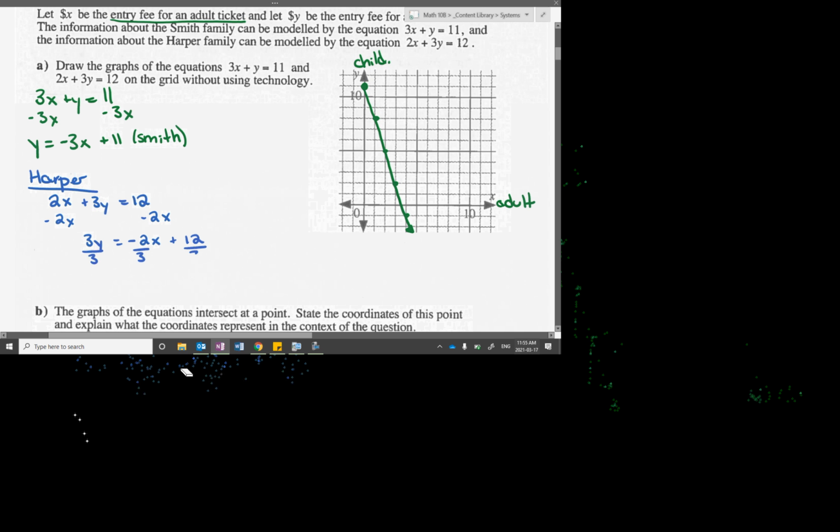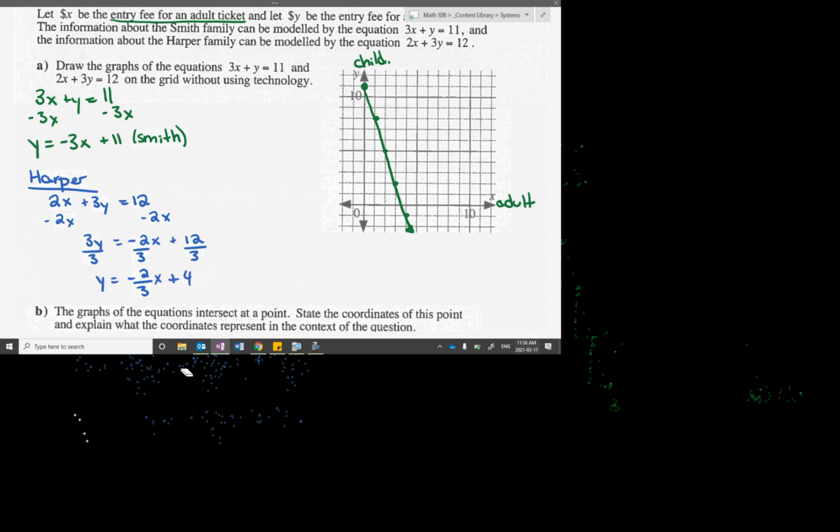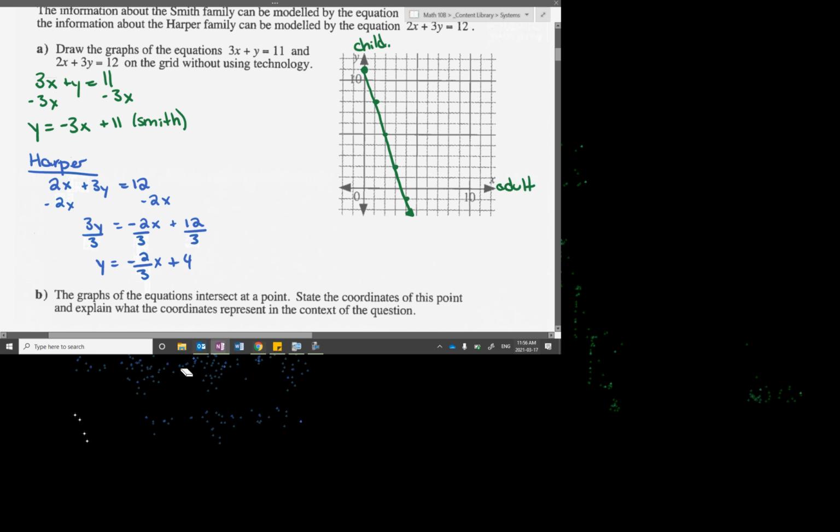Divide by 3. So I have a slope of negative 2/3, and plus 4 is my y-intercept. So I'm going to graph that one. So plus 4 is my starting point, down 2, 3 to the right.